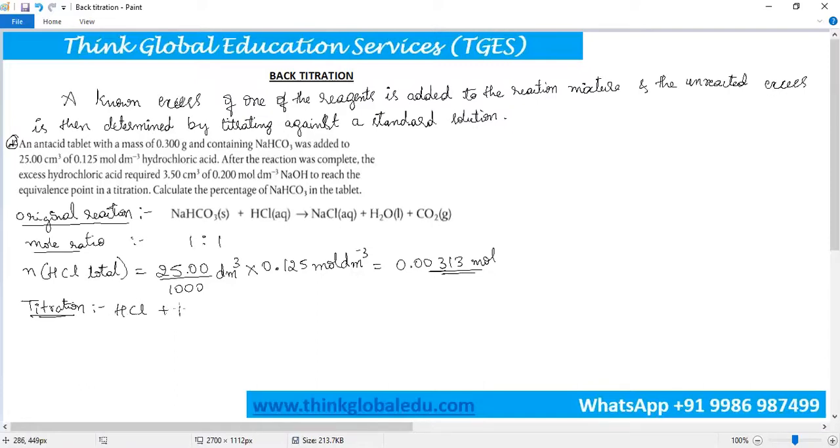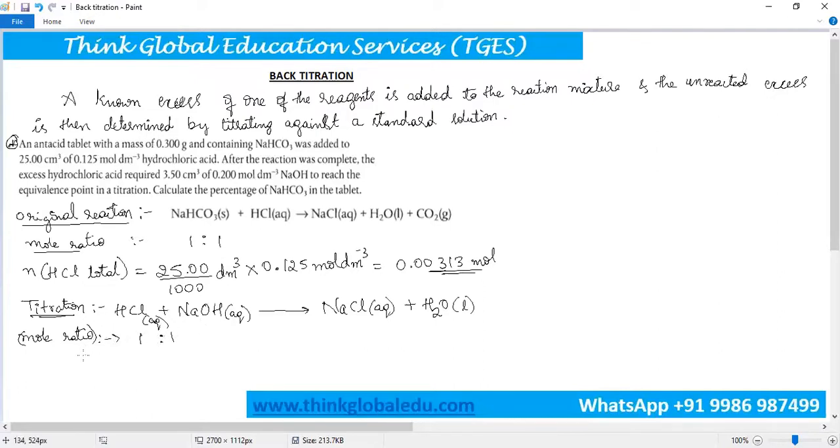The excess of unreacted HCl is titrated against the aqueous NaOH to produce NaCl and H2O. So the mole ratio of the titration reaction will be 1:1.